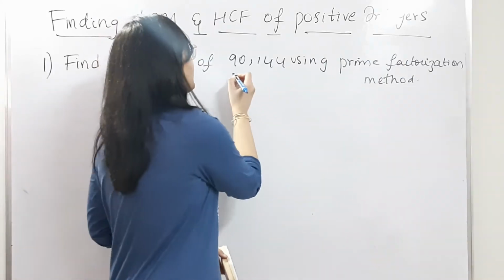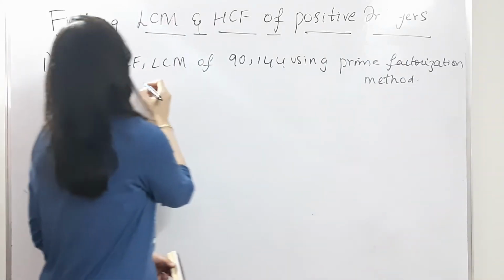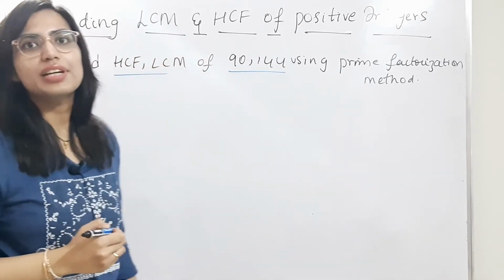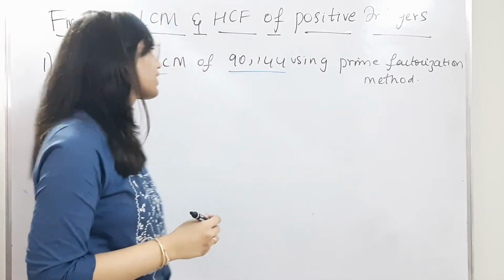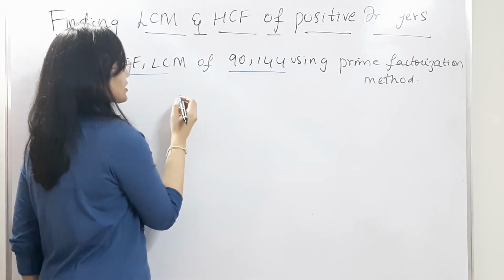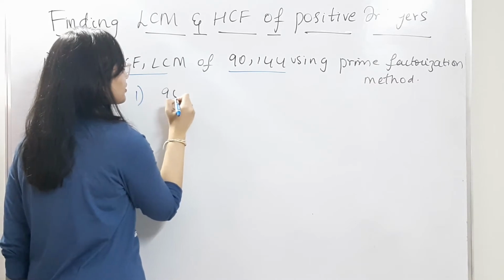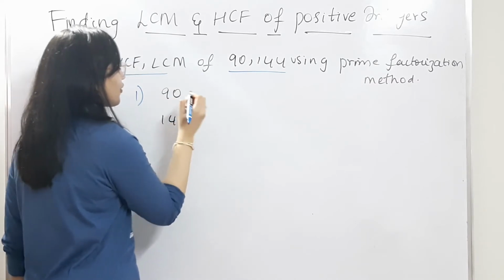So in here we need to find the HCF and LCM of 90 and 144 using the prime factorization method. As you know, the first step is to write these two numbers and then factorize them.